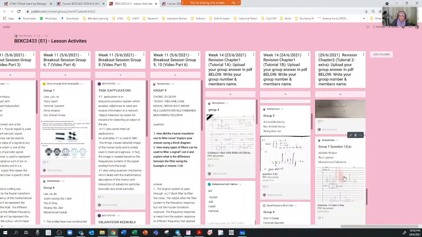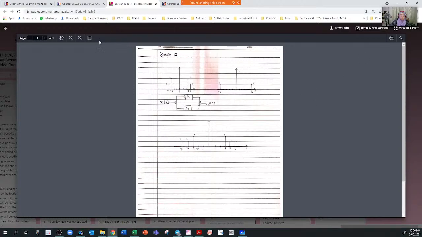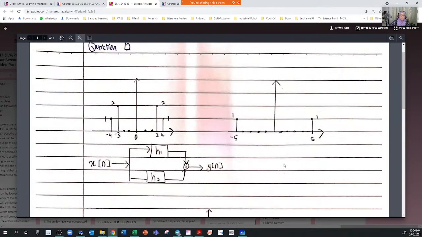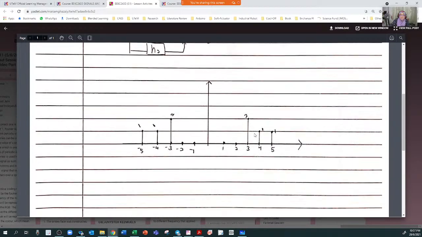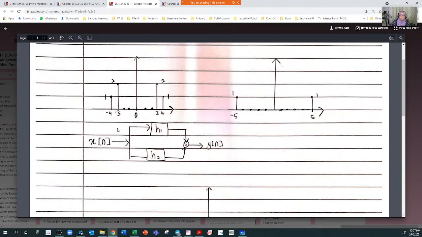So let's look at the group 7 answer. You have these two plots, then you just add up. At -4, there is no value. So we start at -5 lah.